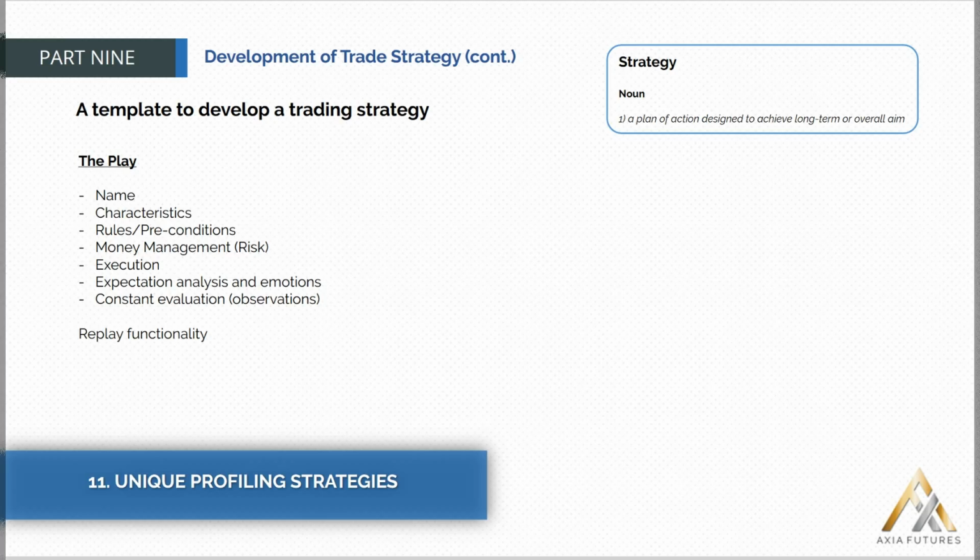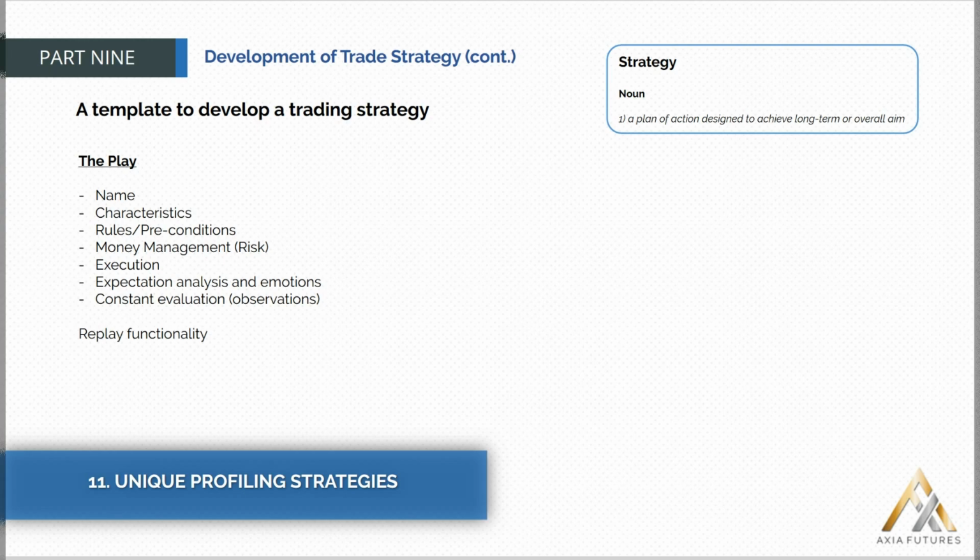Now, what we're going to do going forward is, I'm going to take this template. I'm going to start by developing 4 unique subset strategies with you. Those subset strategies will include anomaly strategies, they'll include momentum strategies, they'll include trending strategies, and then reversal strategies.